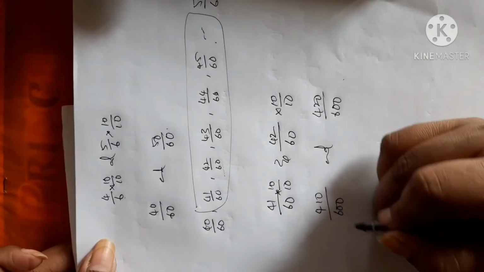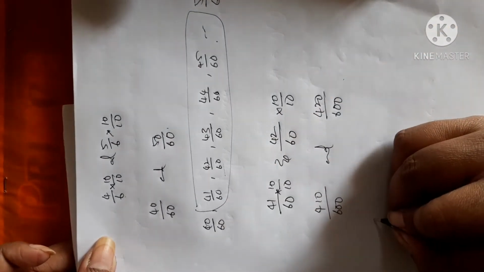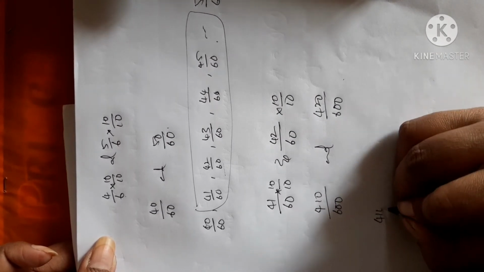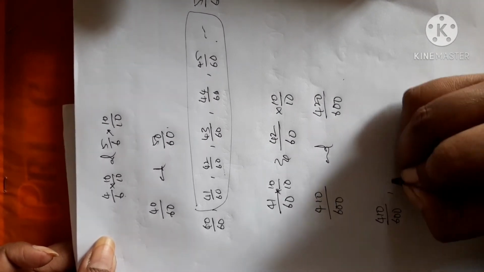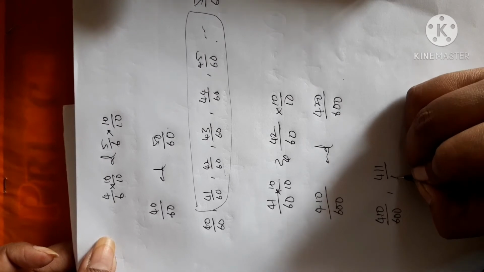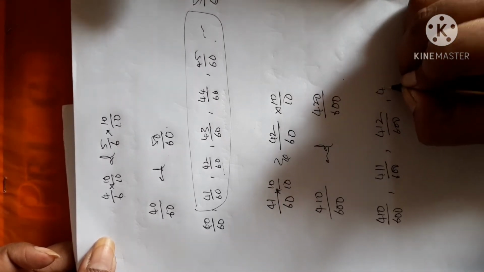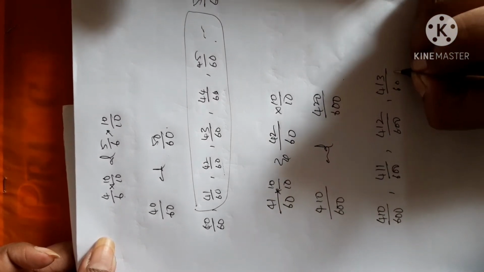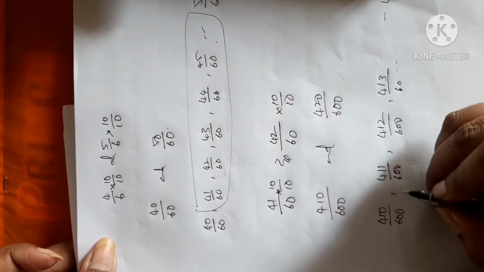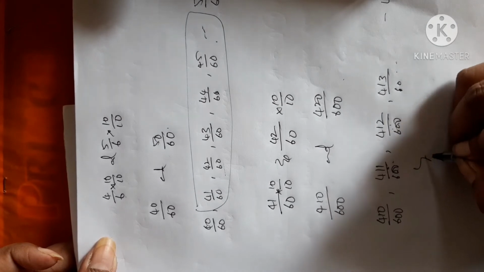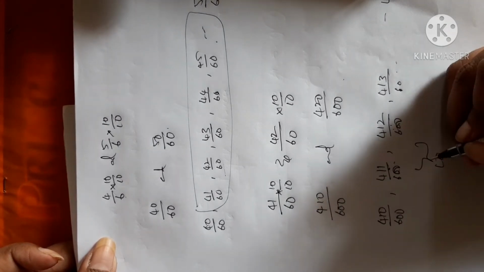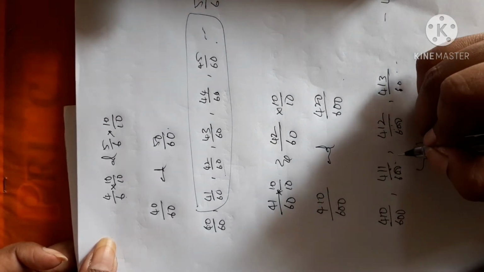Now between these two numbers, which numbers exist? 411 by 600, 412 by 600, 413 by 600, like that, 420. Again between these two also, you can write some more rational numbers.